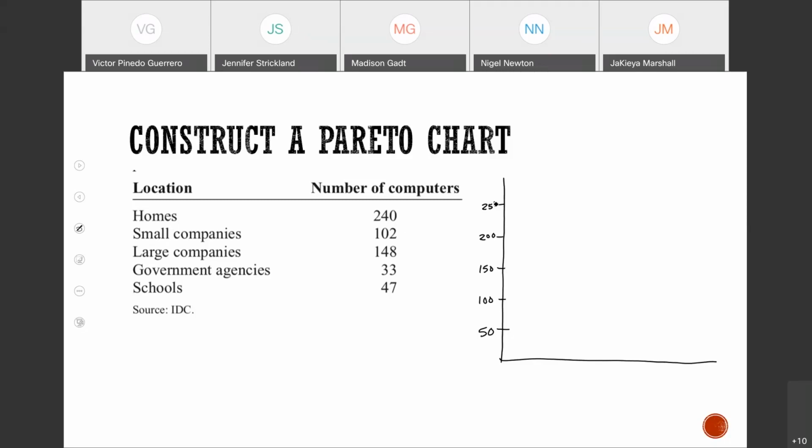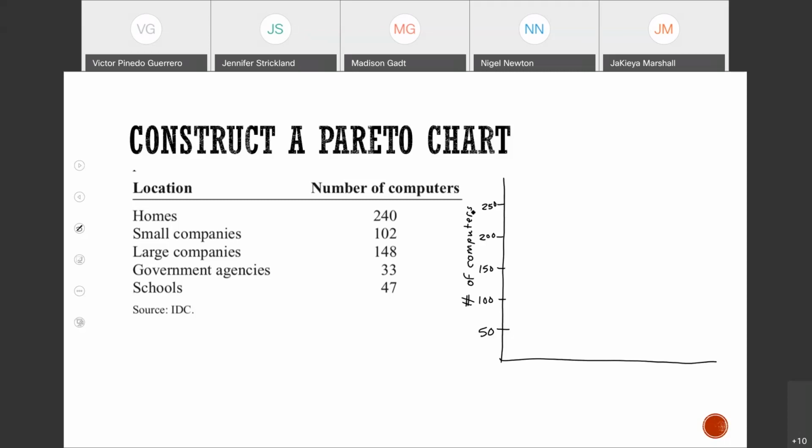They said number of computers, so I'm going to jot that over here on the side. And then my locations are going to go across the bottom.